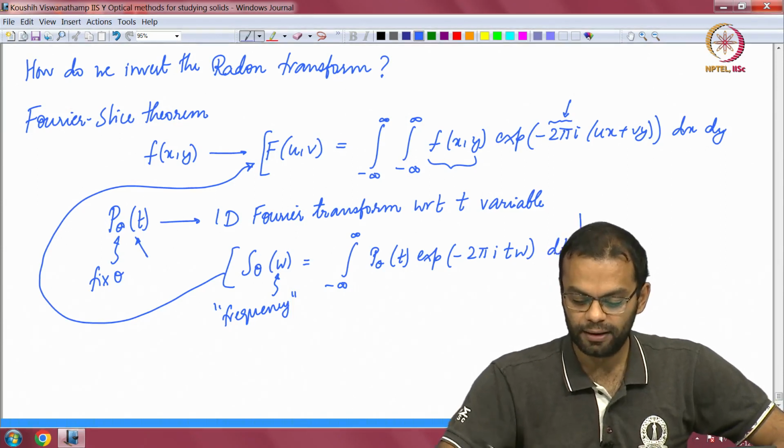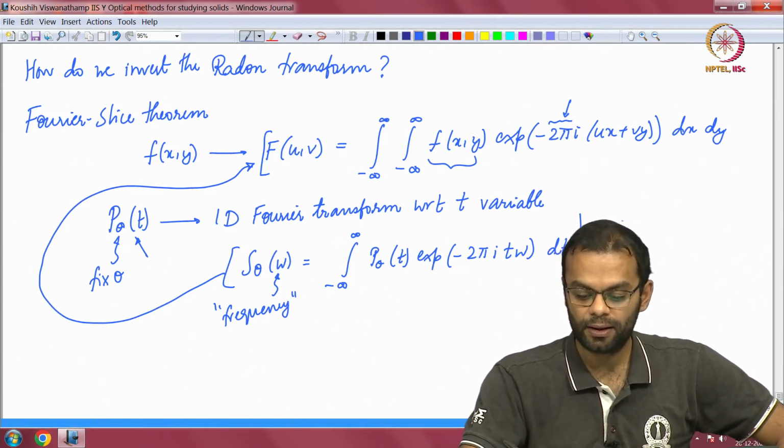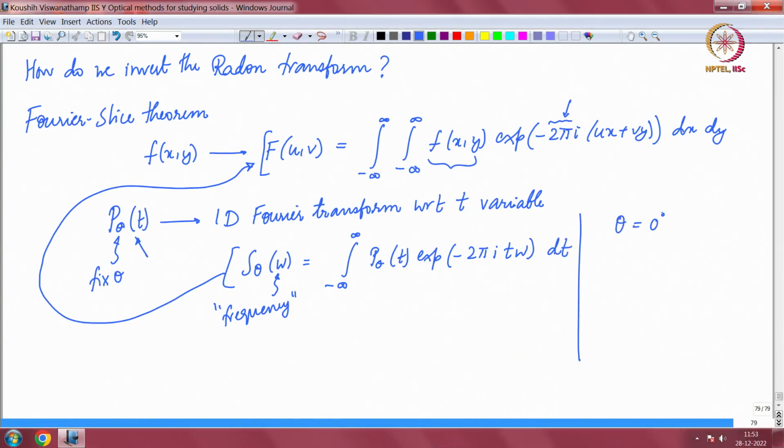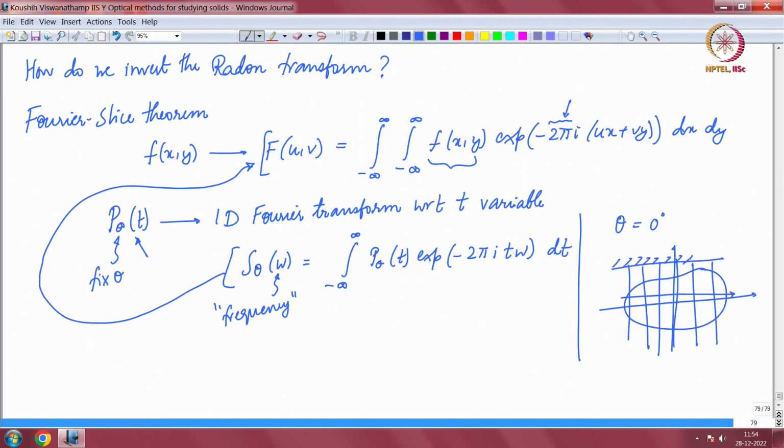To do that, let us take the simpler case of theta equal to 0, okay. Now, if theta equal to 0 degrees, then basically this is your object, this is your, let us say, x axis, this is your y axis, you are basically measuring along this, because remember the normal direction was what we used to set the value of theta, right, the normal vector.